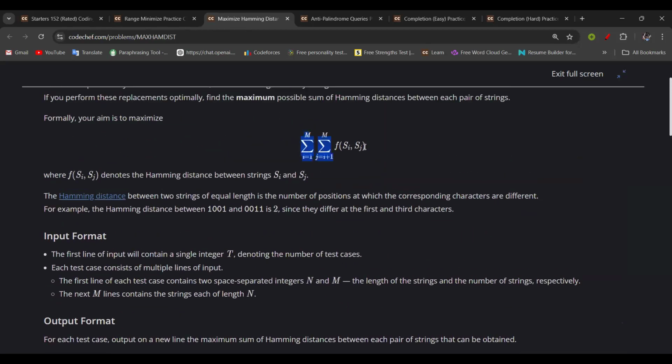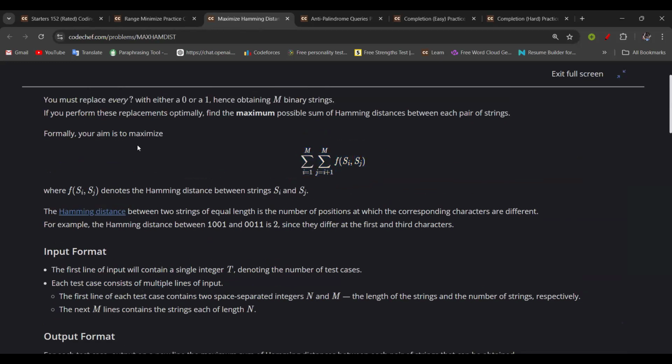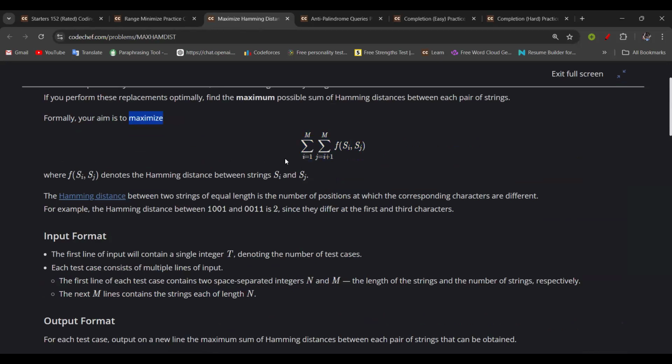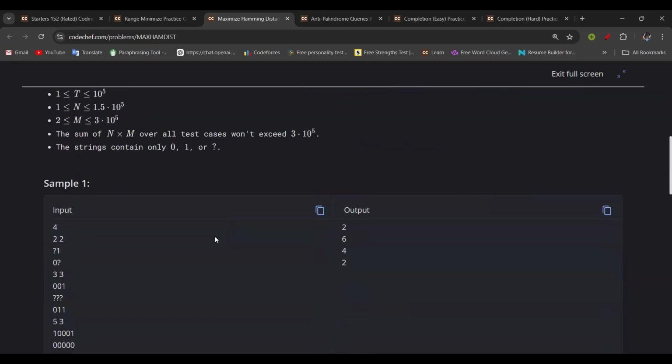What does this sum mean? It means just take any pair of strings and add their Hamming distance to your value. So the sum of the Hamming distances between every pair of strings is the thing you need to maximize. Accordingly, you have to replace those question marks.